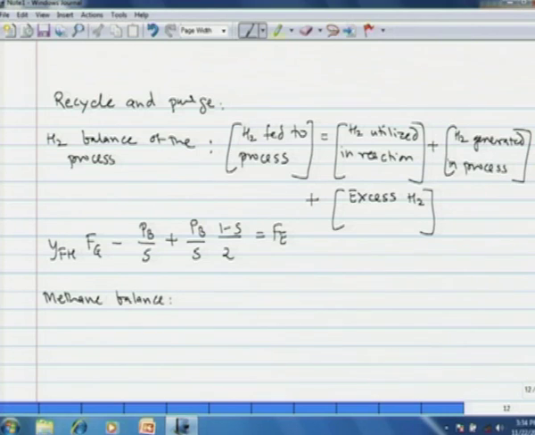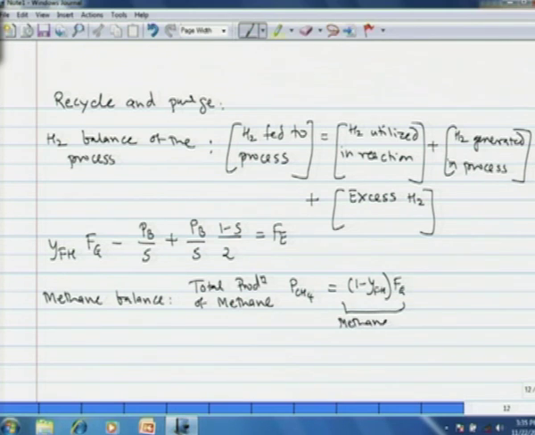Now, with this guideline, we can write the total production of methane, that we denote as PCH4, is equal to 1 minus YFH into Fg, which is the methane entering through the fresh gas stream, and then the methane that is generated in the process, Pb by S.